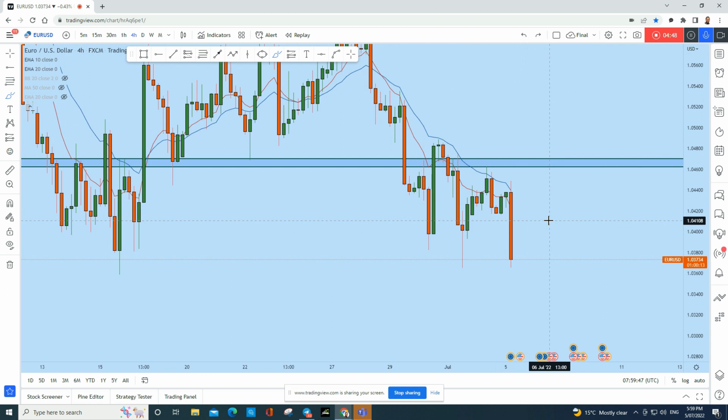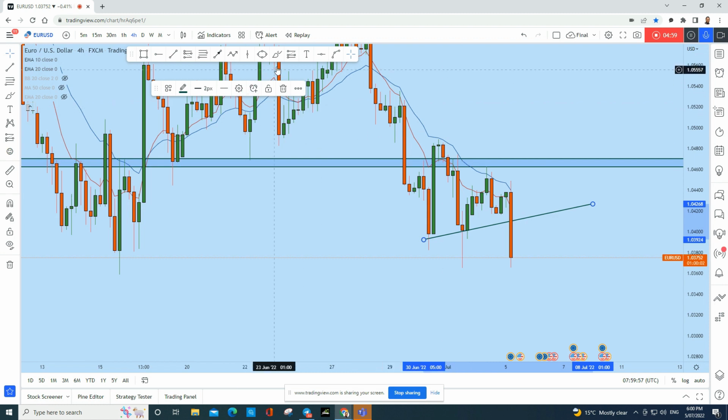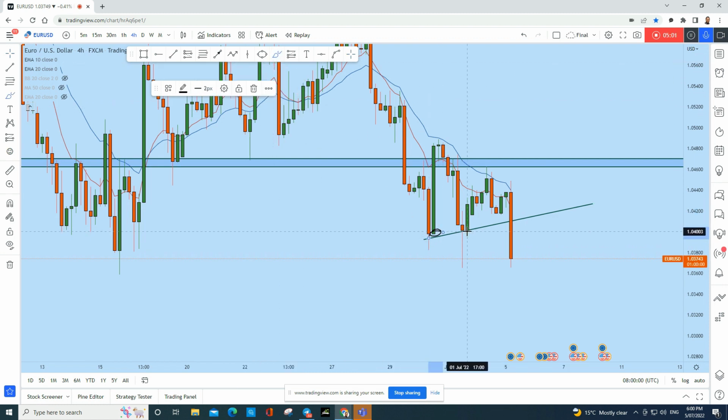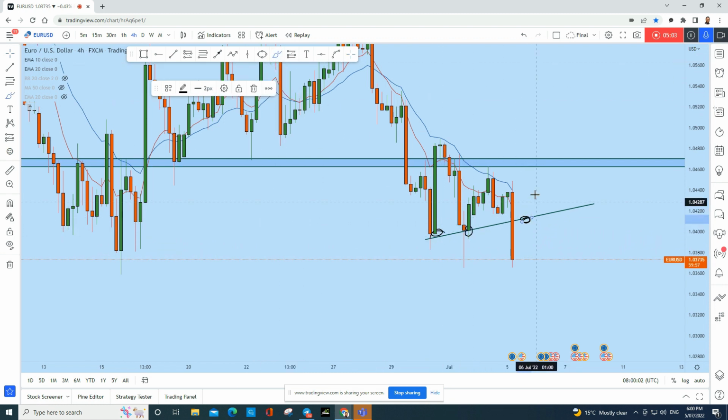Now, where can we enter a trade? The way I will be watching price action is how this candle is closing, and we will be waiting for a significant retest of this previous support here. You see that this is the support as a resistance somewhere here.